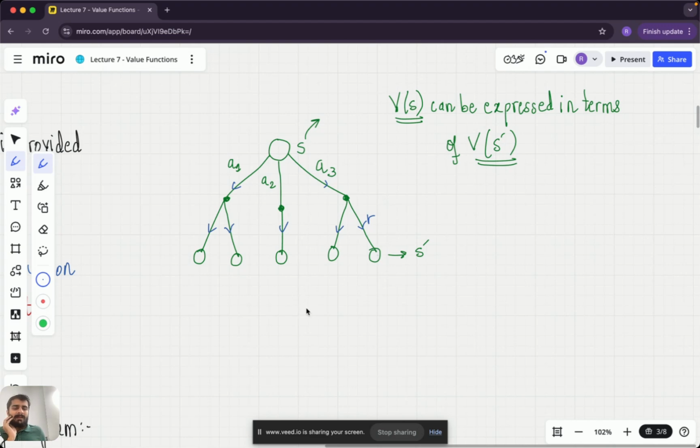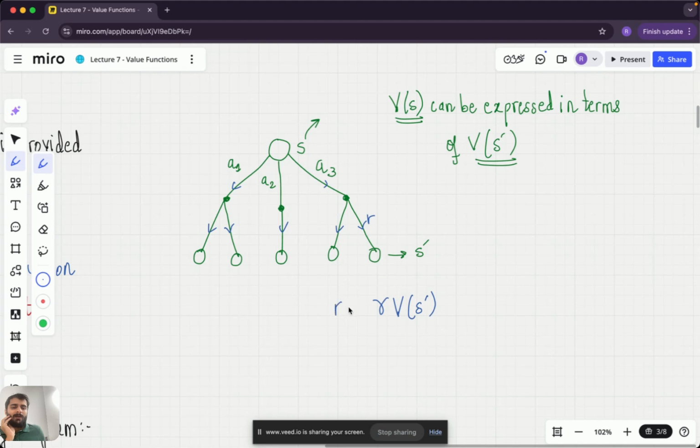Now, what the Bellman equation says is that the value function of this state is going to depend on the value function of the next state, but it has to be discounted by a factor of gamma. So, it's going to be gamma times v of s dash, and then you also have to add a reward along the way.